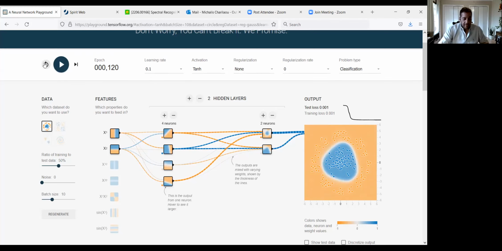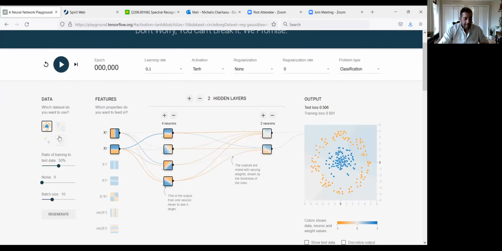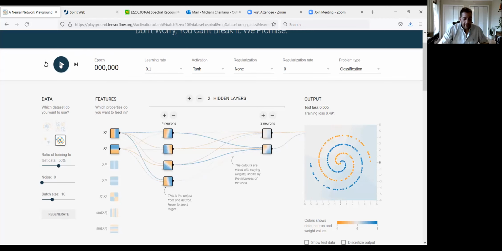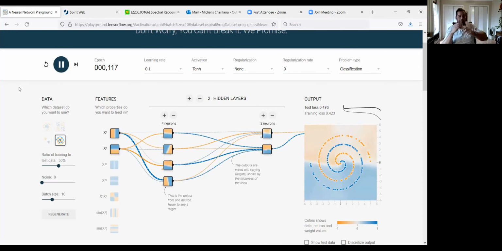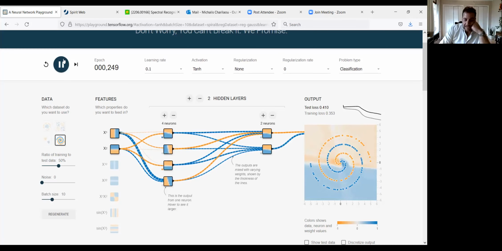Now, if I take something a bit more complicated, like this, let's run it again. This doesn't work as fast as the other one. Why? Because it's a more complex structure, right?